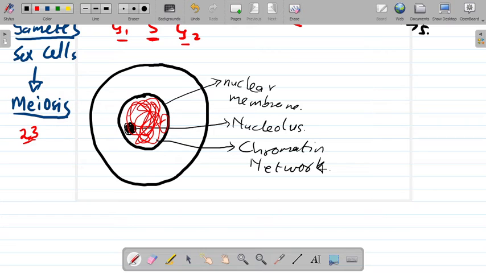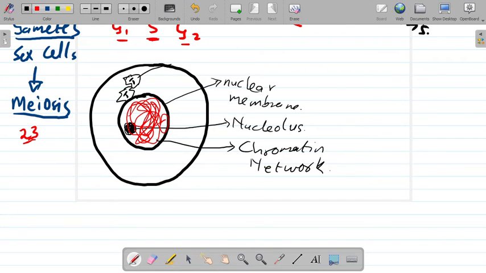This is basically a cell in this phase. So it will have your chromatin network. Towards the end of interphase, you're going to see this chromatin network, this unorganized form of chromosomes, start coiling up, winding up to become more visible as it enters mitosis. And then we have your centrosomes, right next to the nucleus.